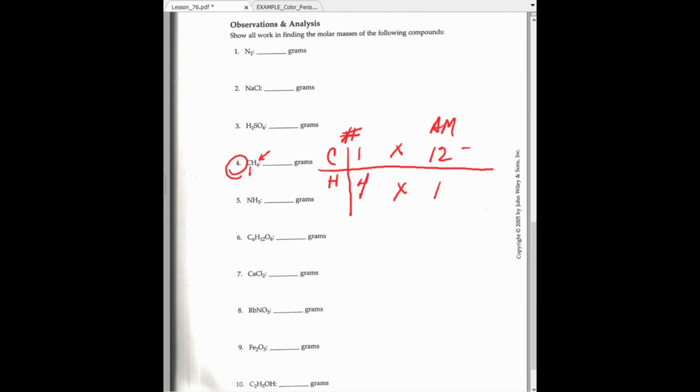So 1 times 12 is 12. 4 times 1 is 4. 12 plus 4 is 16. So the molar mass of the formula CH4, which would be methane, which is in lighters and in the flatulence of mammals, is 16. So 16 grams.